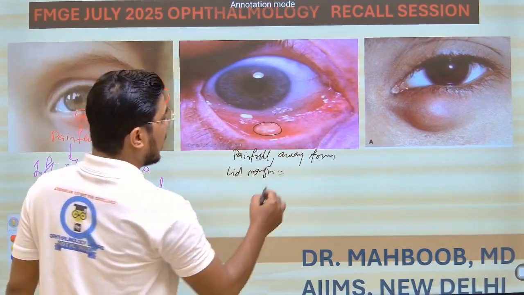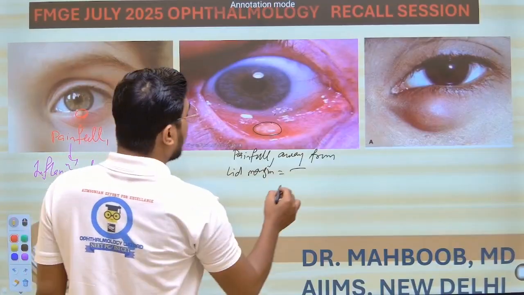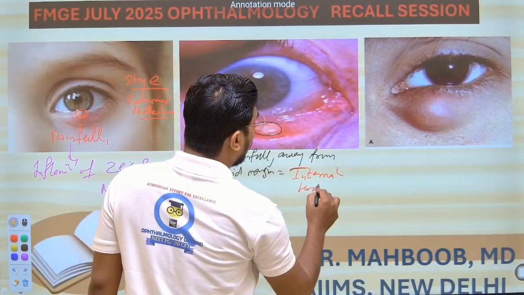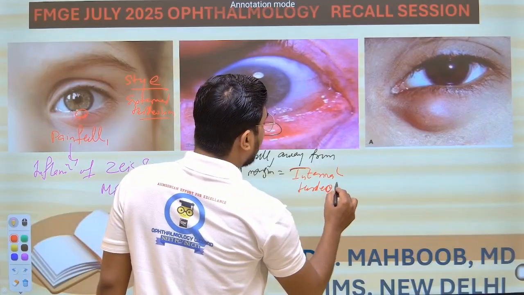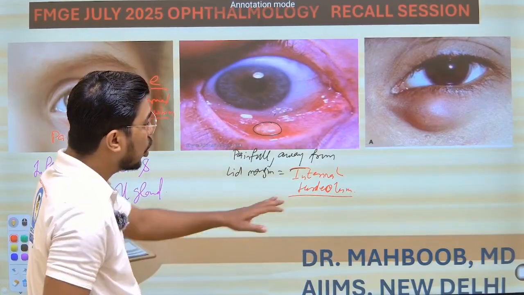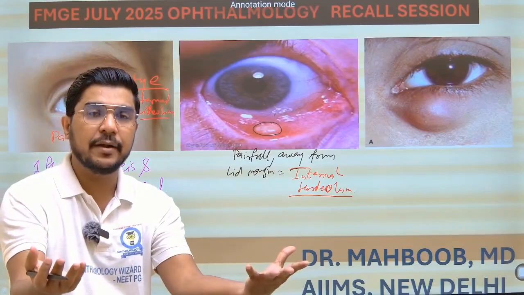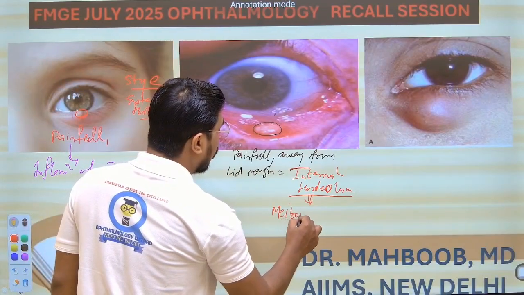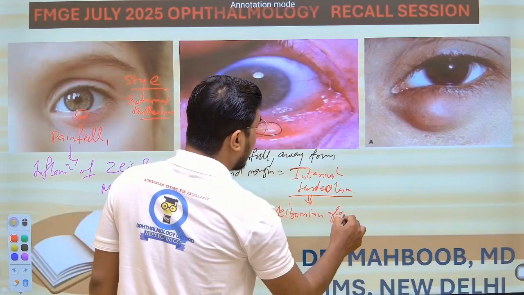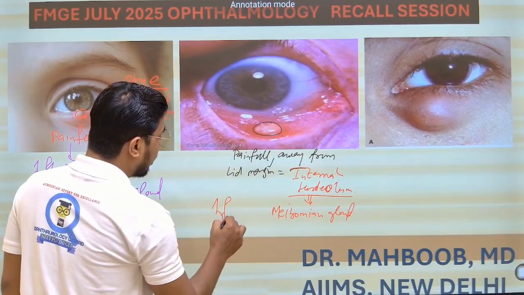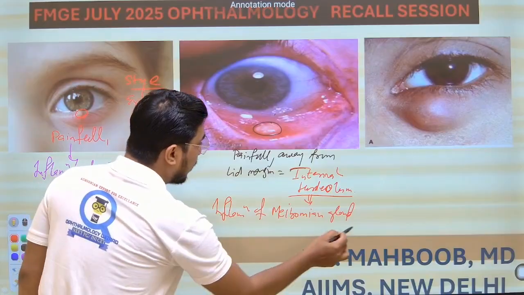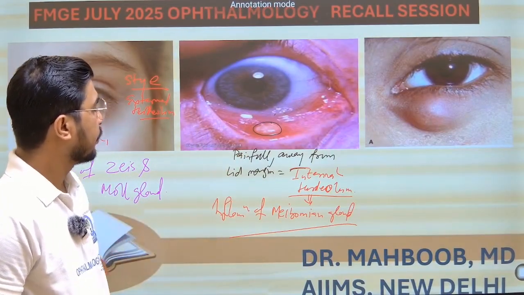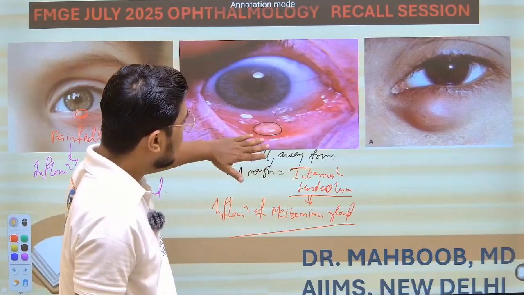That means it is nothing but internal hordeolum. And this is caused because of the inflammation of which gland? Yes, of course, it is because of the inflammation of the meibomian gland. So this is internal hordeolum.